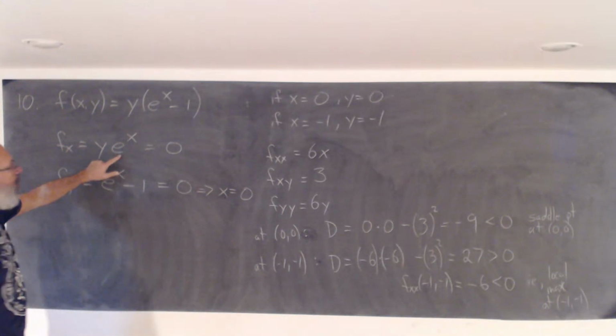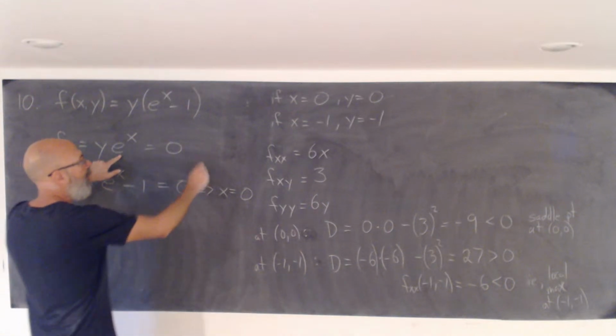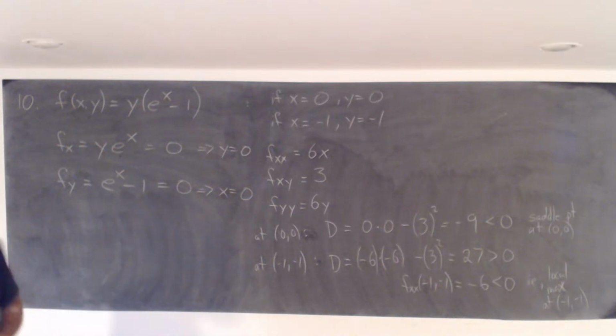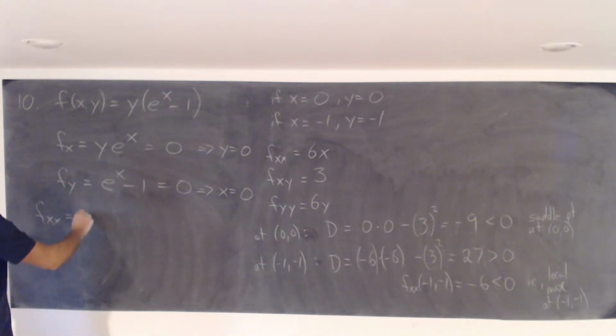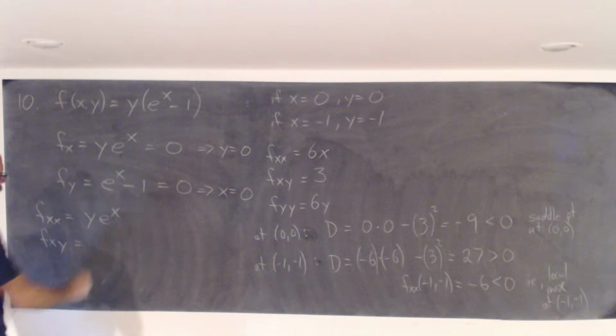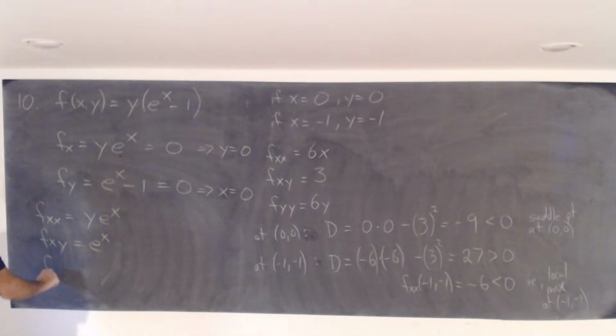And if x is 0, from this first one, this implies that y is 0. So there's again only one critical point, the point 0, 0. Take the second derivatives: f of xx, y e to the x; the mixed partial derivative f of xy, which is e to the x; and f of yy, the derivative of this with respect to y, which is 0.